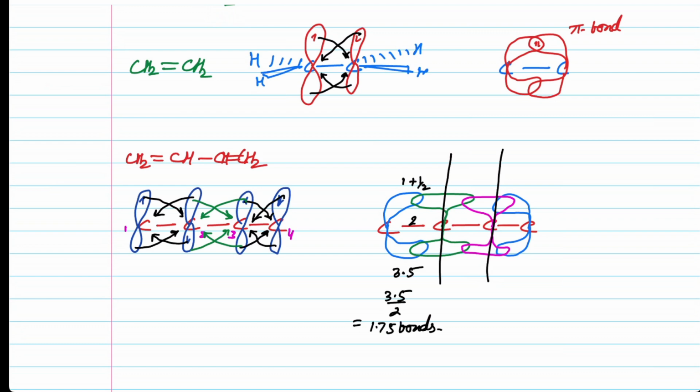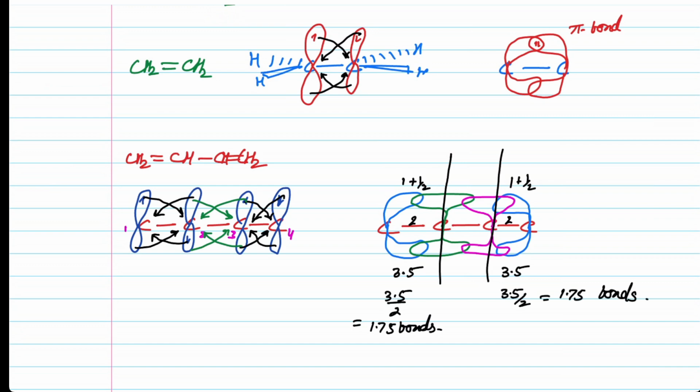In the same manner, if we talk about the carbon number 4 and carbon number 3, here again we are going to have two electrons in the sigma bond between the two carbons, one electron being provided by the carbon number 4 and half electron being provided by the carbon number 3. So here again we have 3.5 electrons and we have 3.5 divided by 2, that is 1.75 bonds.